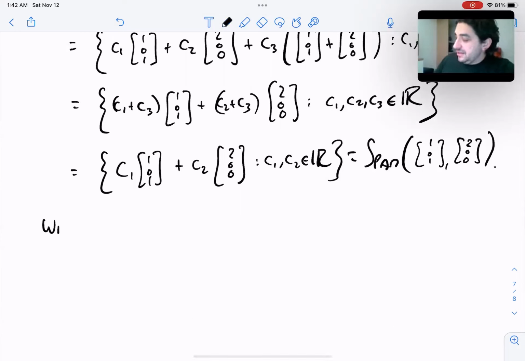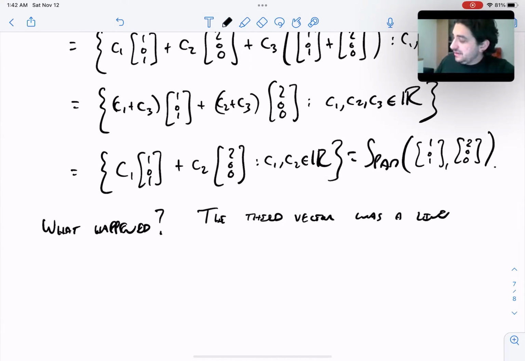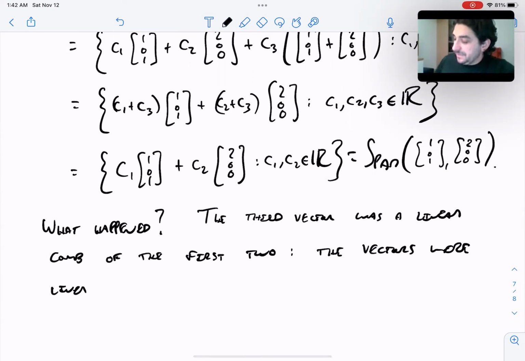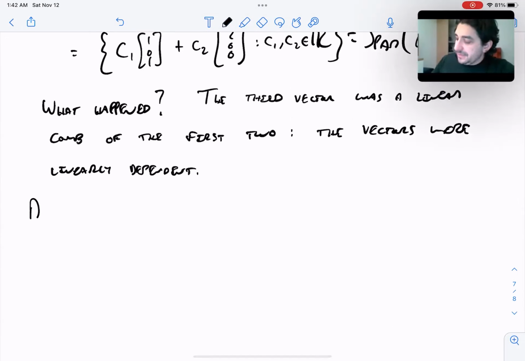So here, if you want to say what happened, the third vector was a linear combination of the first two. The way we say that is we say the vectors were linearly dependent. So that's what happened here.